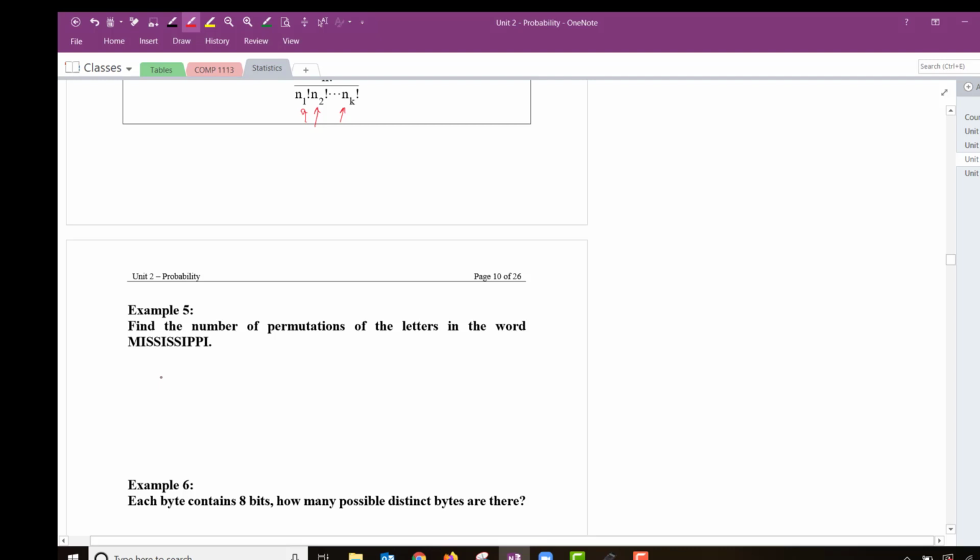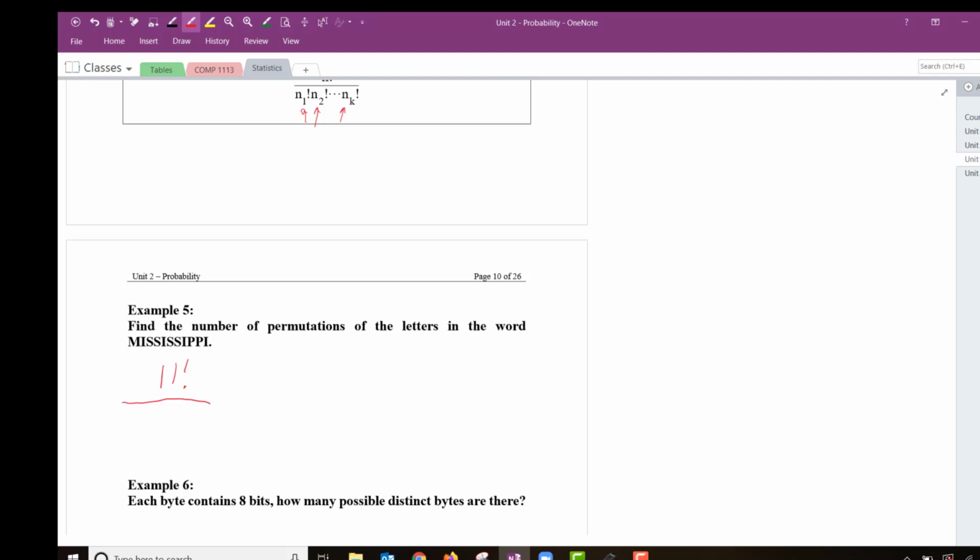So if they were all distinct and we were choosing all the letters, there would be 11 factorial different ways of rearranging them. However, if I take the 2 P's in the word and I just swap them, it's the exact same word. Or if I swap 2 I's or 2 S's, it doesn't change it. It's indistinguishable.